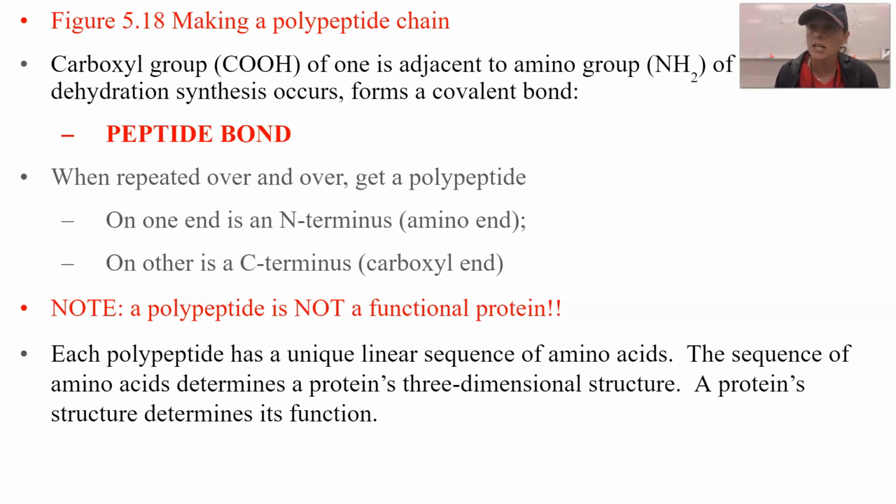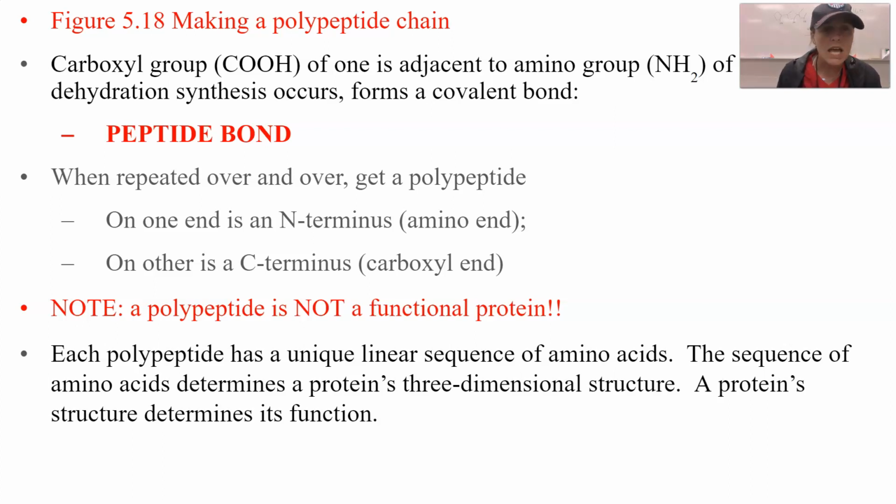A straight line of molecules can't really do anything. It cannot actually perform a function or do work, like we often see proteins doing. But when we fold them and create a 3D model, then it has the ability to do some sort of function for us.